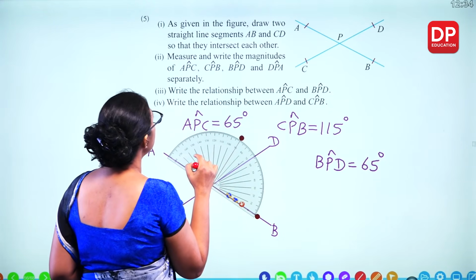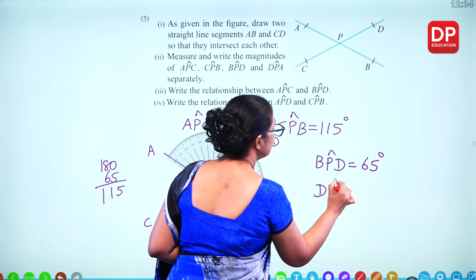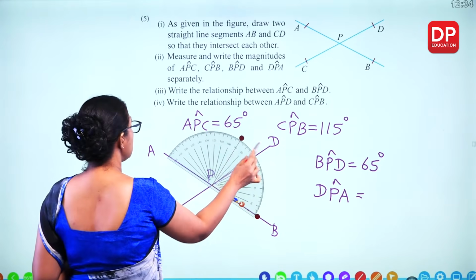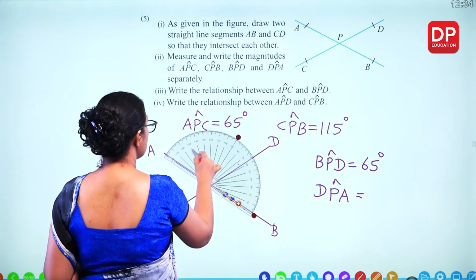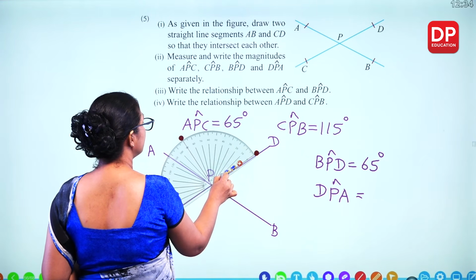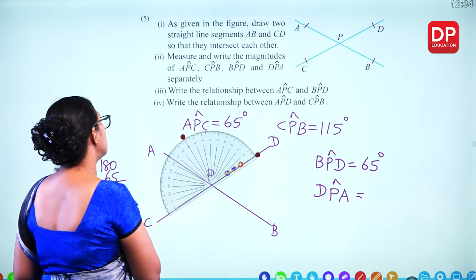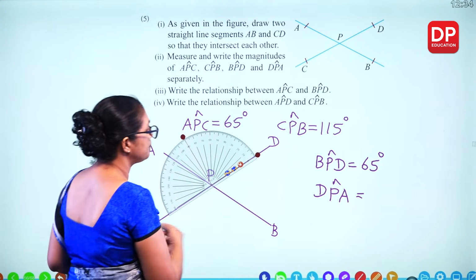And finally I need DPA. DPA is this angle, from here to here, 115.